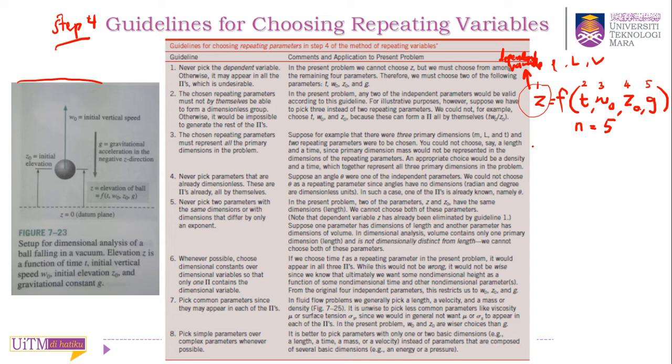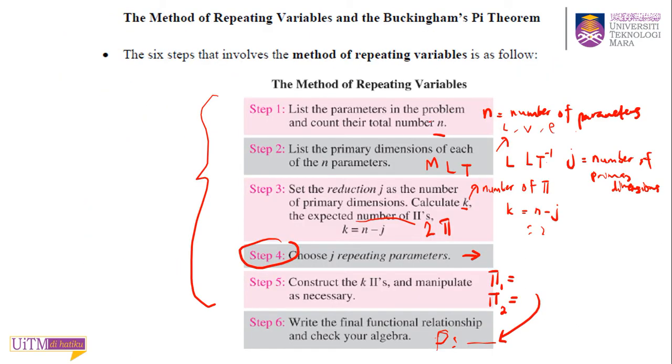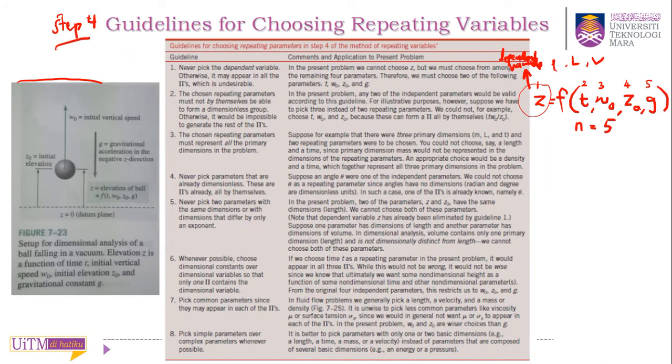Then the second step: you need to list the primary dimension of each of the n parameters. So you have z, t, w naught, z naught, and g, and you need to list down the primary dimensions of these parameters. z is the elevation height.